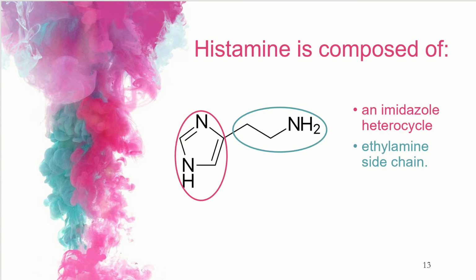So what is the structure of histamine? Well, it's composed of an imidazole heterocycle, which is circled in pink, and the ethylamine side chain, right? So that is the structure of histamine.